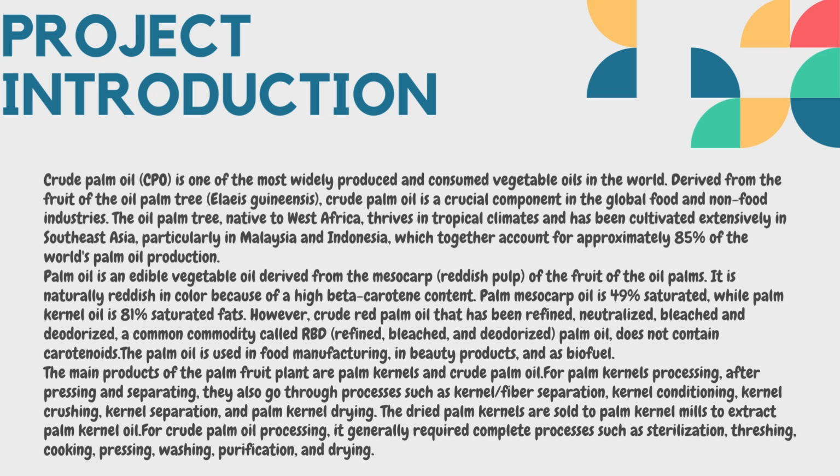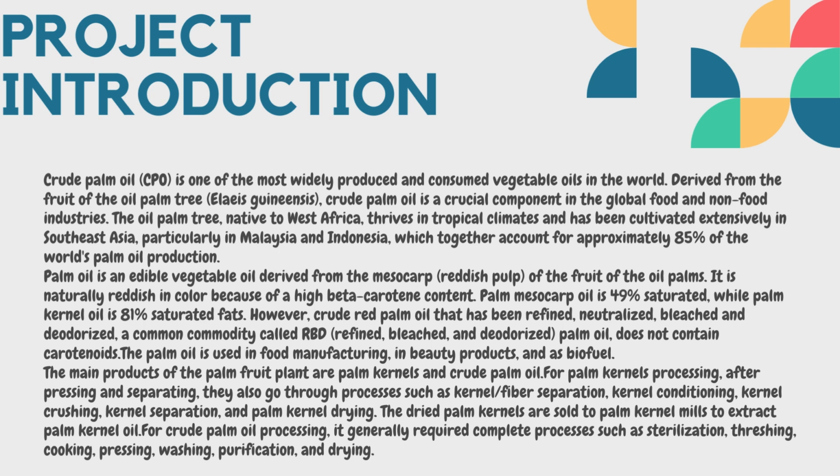The main products of the palm fruit line are palm kernel and crude palm oil. For palm kernel processing, after pressing and separating, they also go through processes such as kernel or fiber separation, kernel conditioning, kernel crushing, kernel separation, and palm kernel drying.